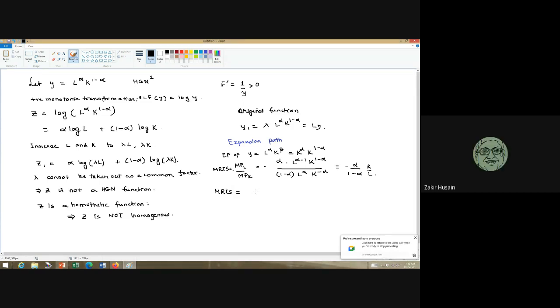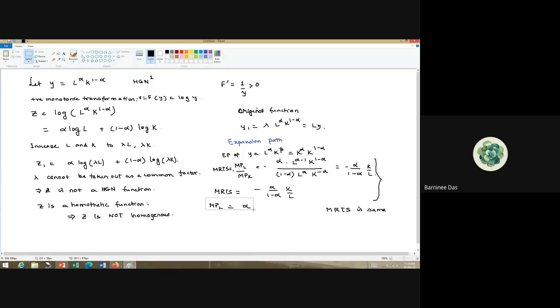We take the MPL ratio, and we'll get this as alpha 1 minus alpha K by L. So MRTS is the same. So the MPZ will be alpha Z by L.